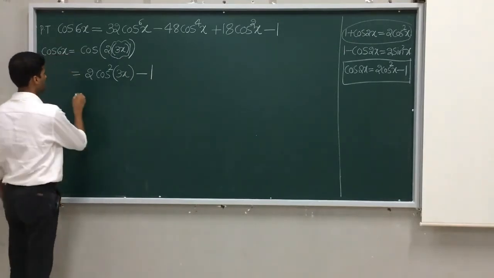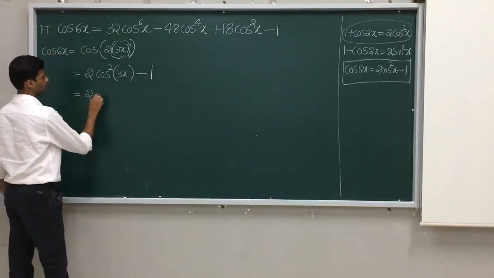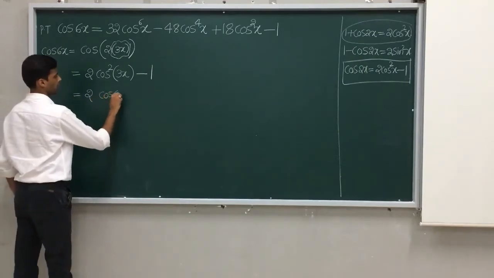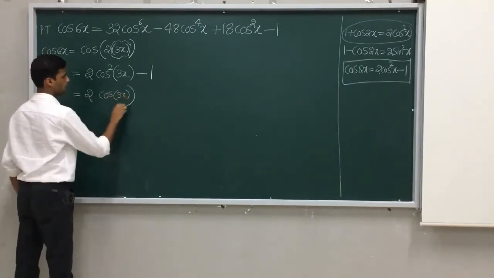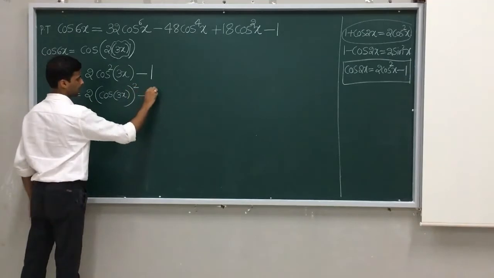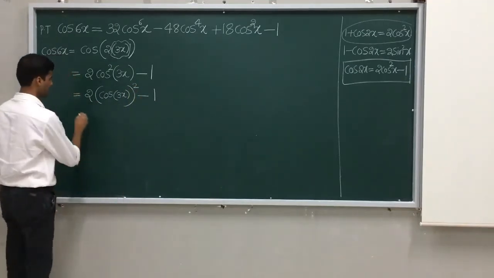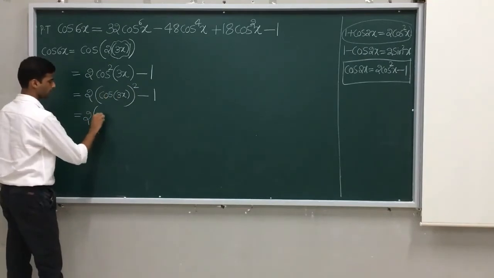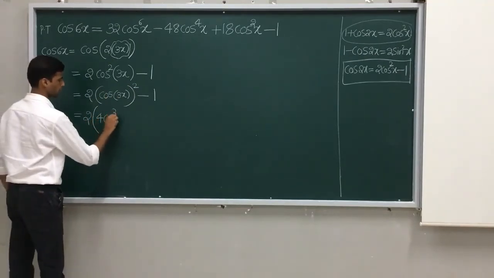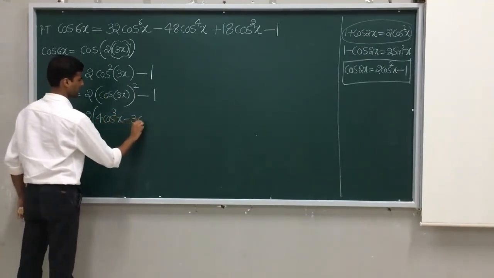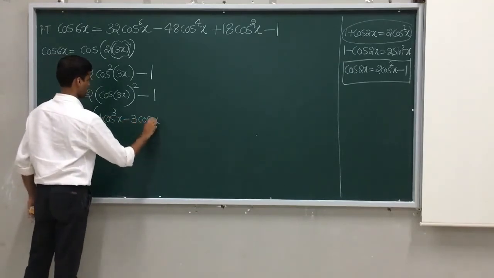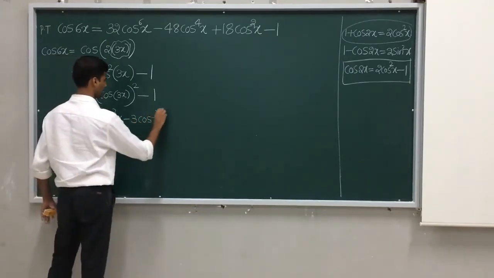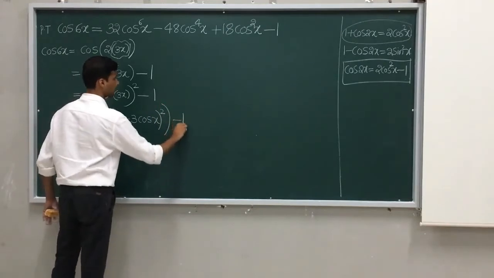Then I will write 2 times (cos 3x) the whole square minus 1. Am I right? Then I know the cos 3x formula, that is 4 cos cube x minus 3 cos x, its whole square minus 1. Hope you understand.